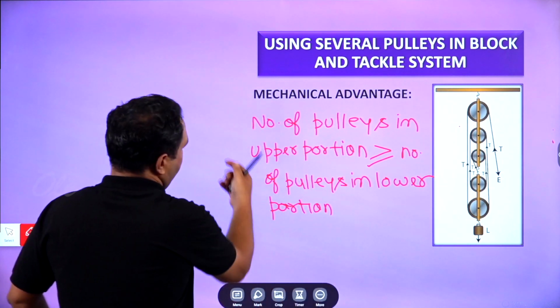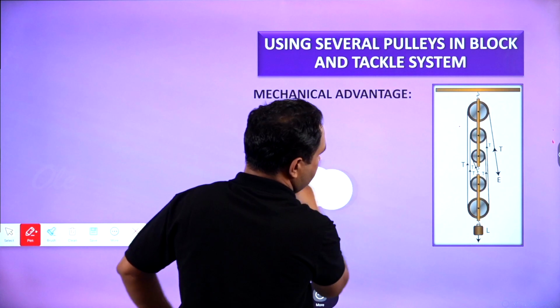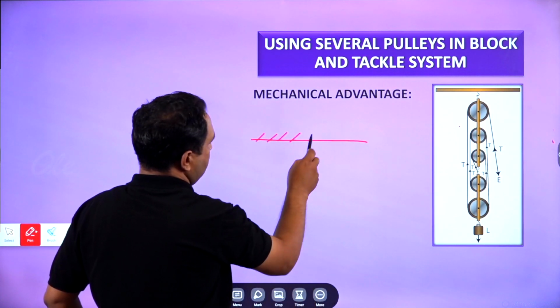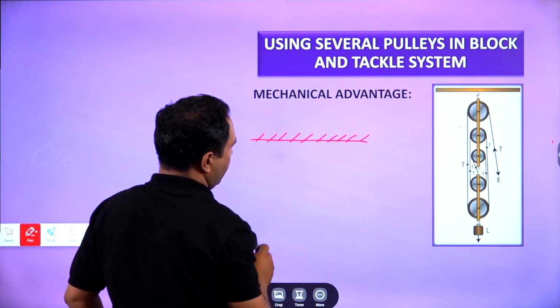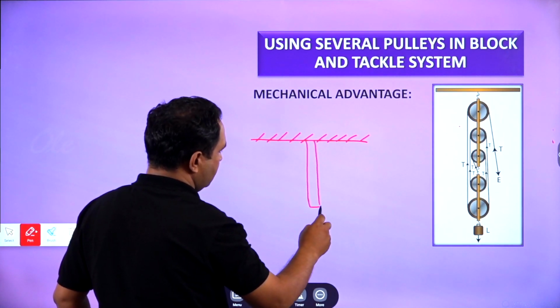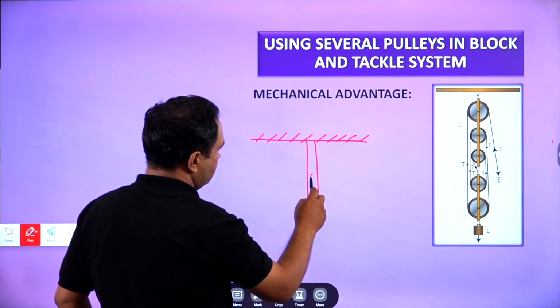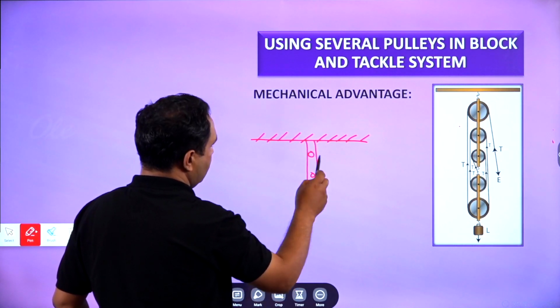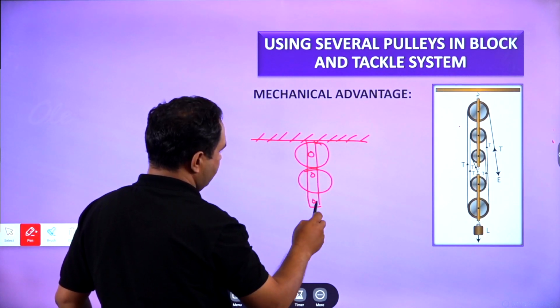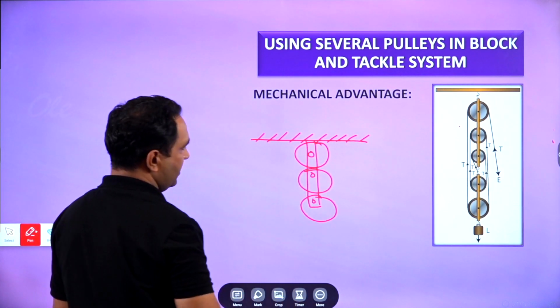Let's see. I will try to make it. This is the rigid support. Okay. And 3 pulleys are connected in the upper part. 1, 2, 3. This is the first pulley. This is the second pulley. This is the third pulley.